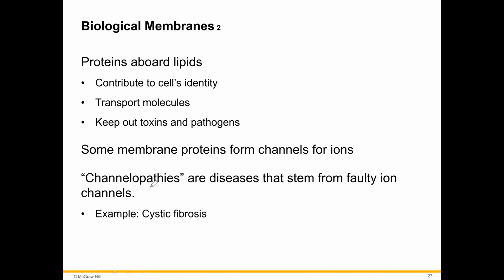Channelopathies, where pathy means pathology, are diseases that stem from faulty ion channels. So if those channel proteins do not function, we might have a disease. An example is cystic fibrosis that I explained in the first lecture.